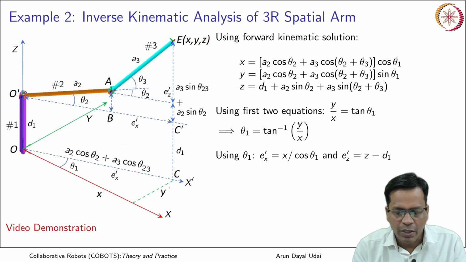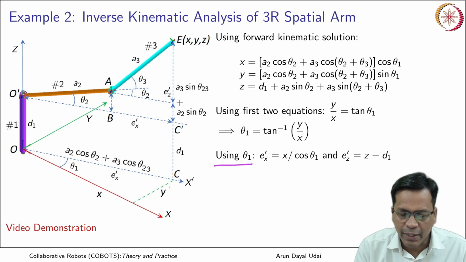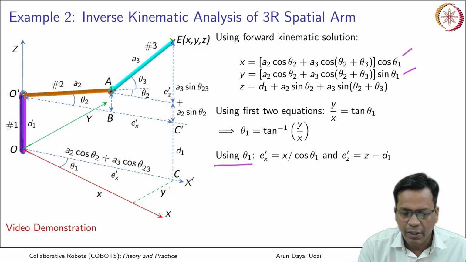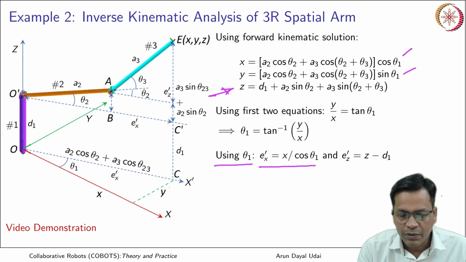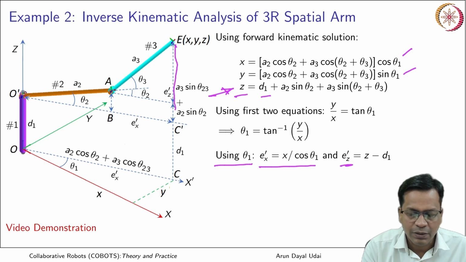So now again using theta 1 I can substitute theta 1 here and here, and I can write Ex dash is equal to x by cosine theta 1. Similarly, from this equation I can write z minus d1 is equal to Ez dash. So that is this distance Ez dash and Ex dash.